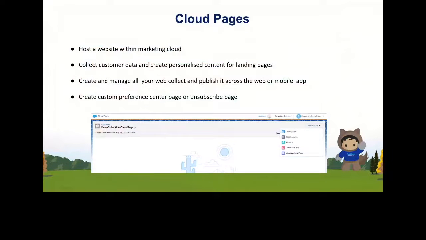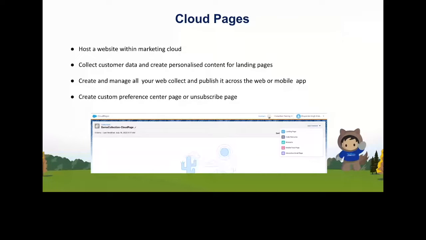So basically, cloud pages are a function of Marketing Cloud which allows you to host a website within Marketing Cloud, which can refer to the content present in your Marketing Cloud instance. That can be in your Contact Builder, that can be your audience or something like that. So it can access the content present in Marketing Cloud and host it in Marketing Cloud.